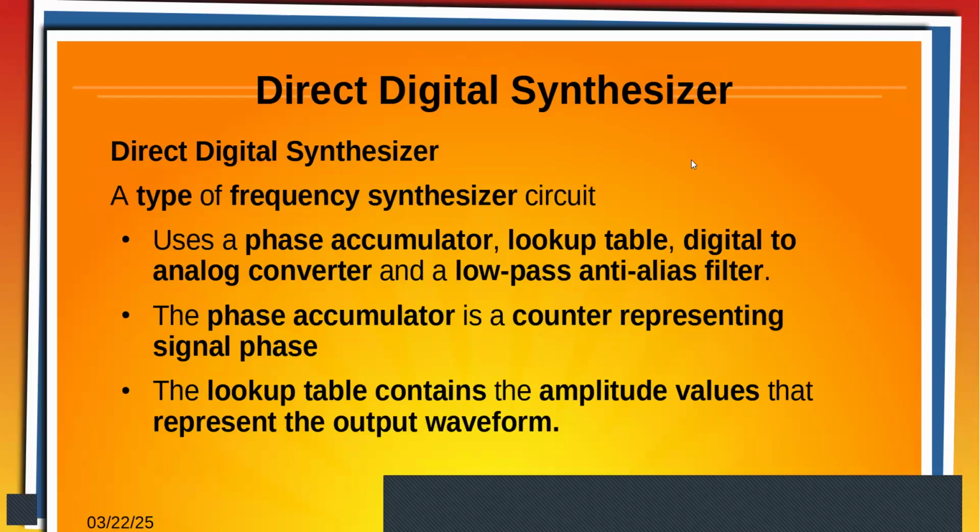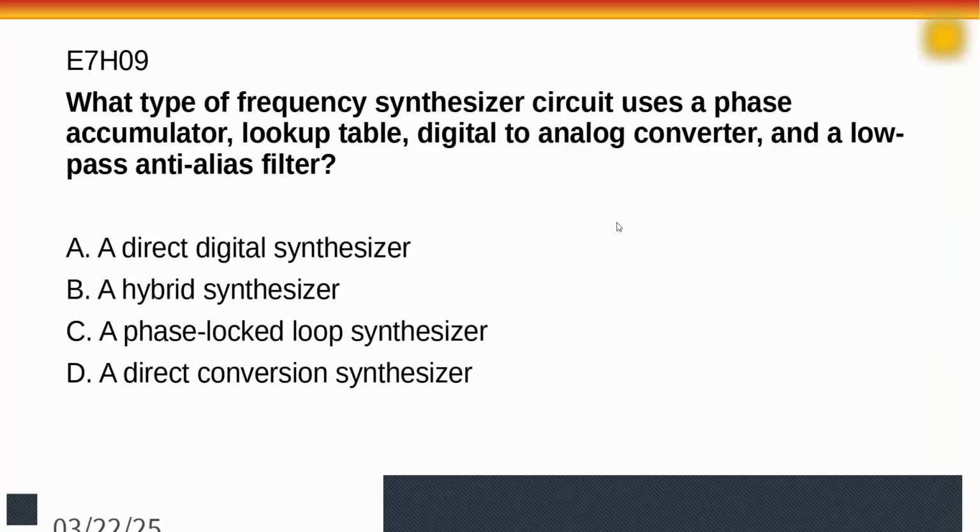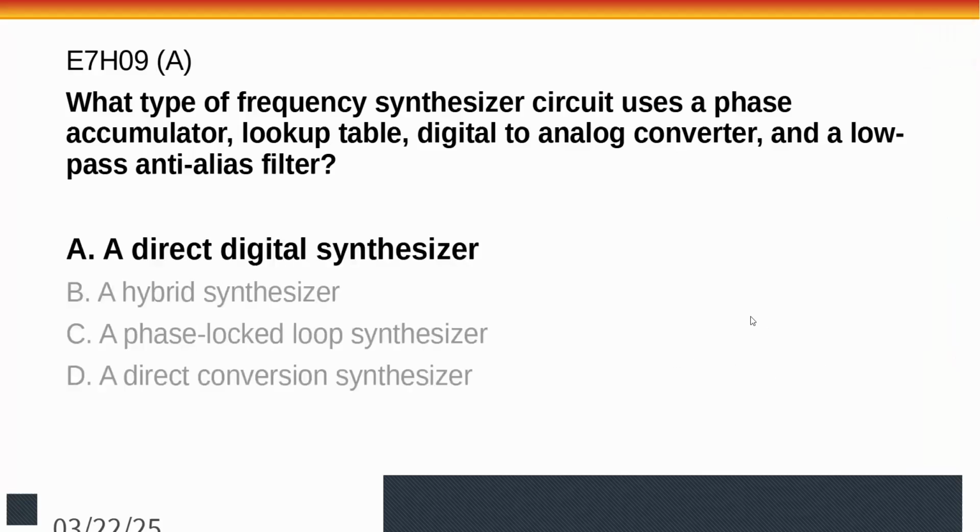And we just talked about the direct digital synthesizer with the accumulator and the lookup table. So what type of frequency synthesizer circuit uses a phase accumulator, lookup table, D to A converter, and low pass anti-alias filter? What could that be? DDS.